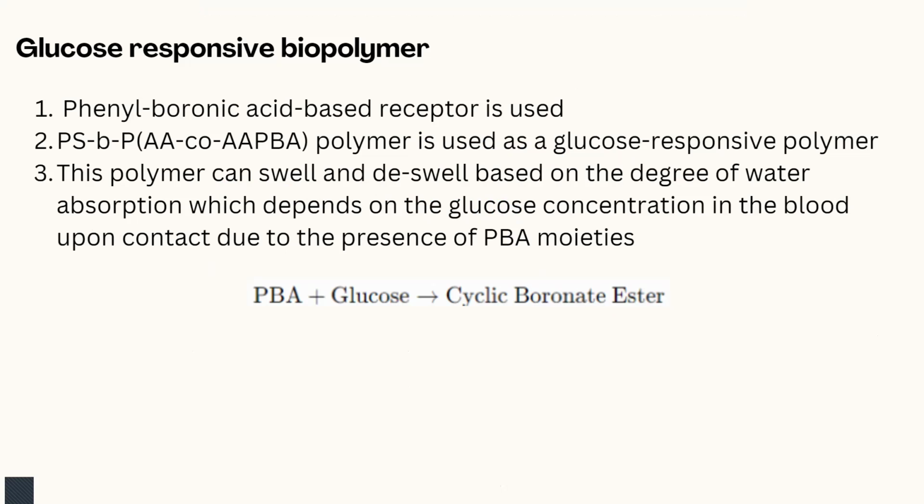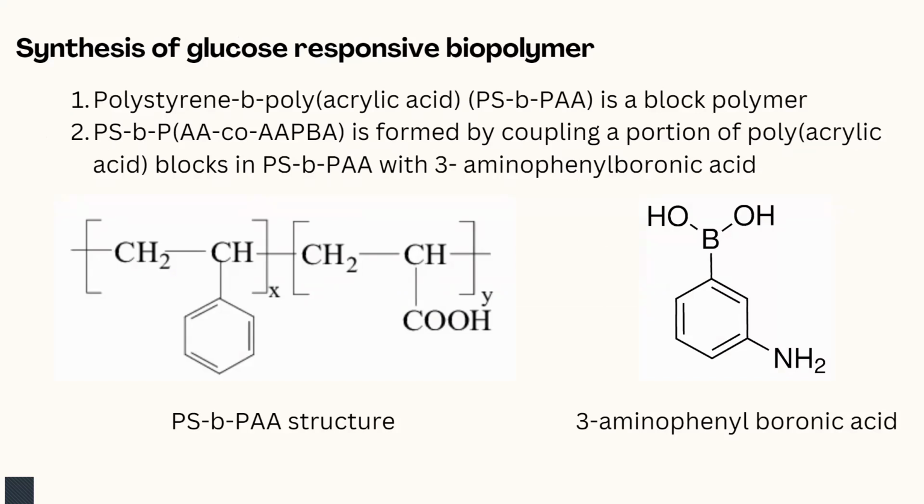This polymer will swell and deswell based on the degree of water absorption, which depends on the glucose concentration in the blood upon contact, due to the presence of PBA moieties. Yeah. Next.